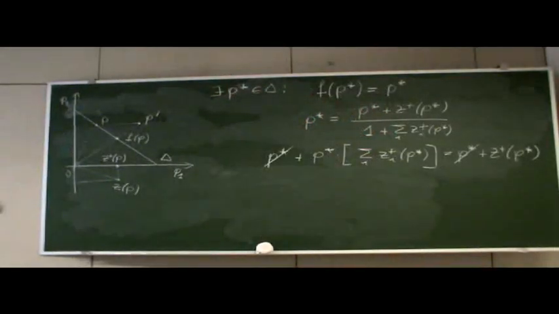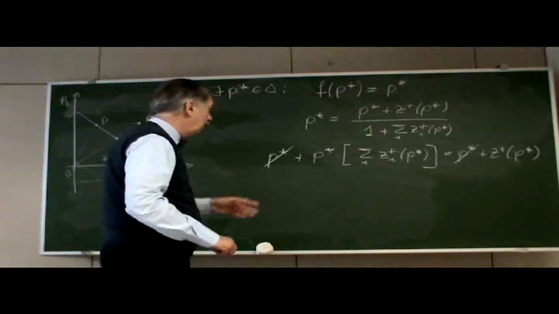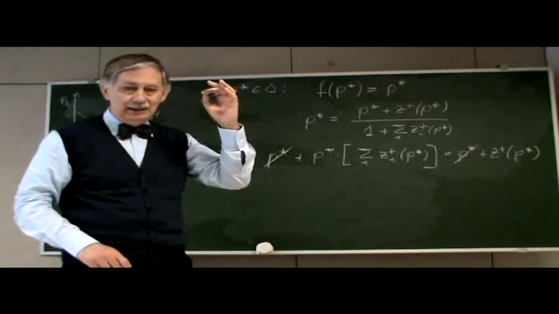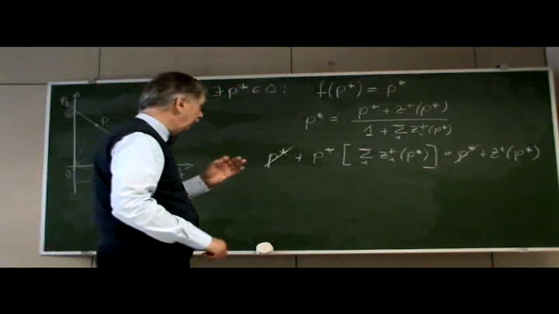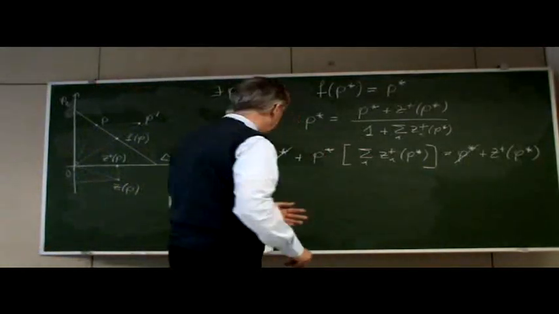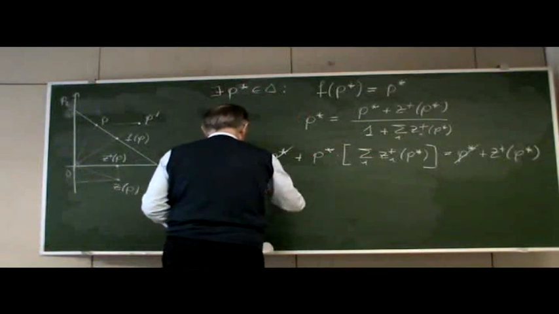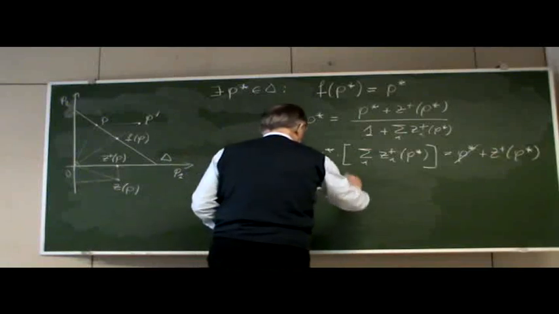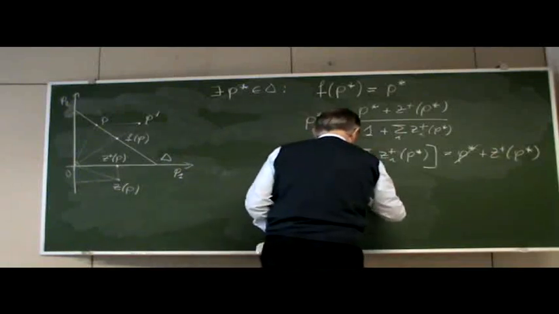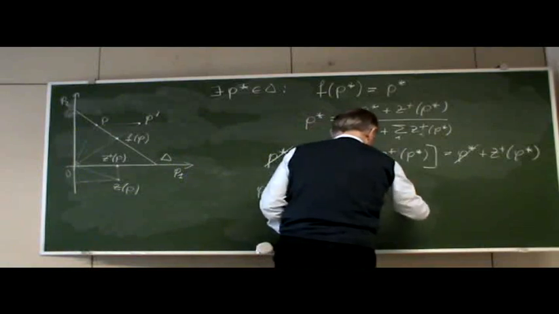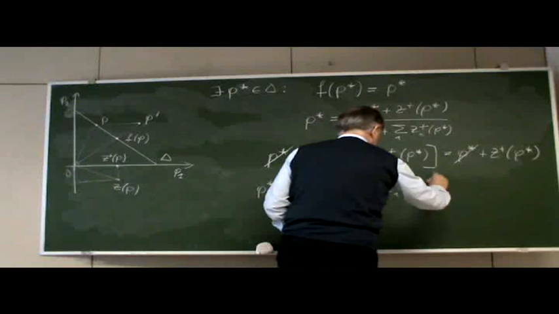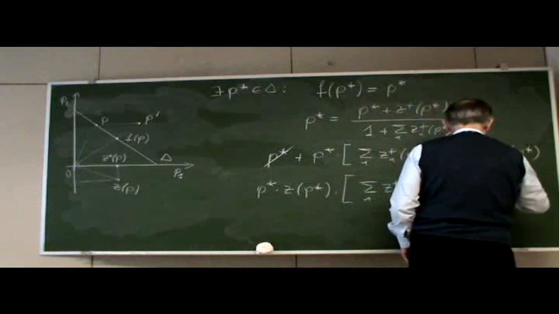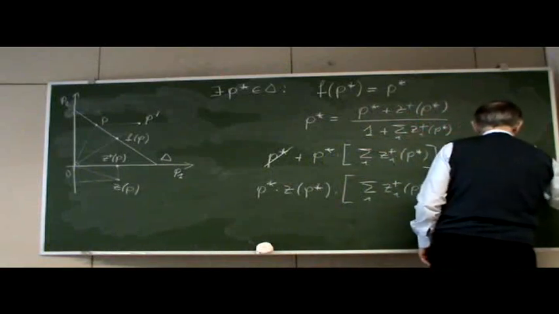Second step, multiply both sides of this equality by the original excess demand vector, not Z plus of P star, but Z of P star. You obtain P star times Z of P star times this sum, which is equal to Z plus of P star times Z of P star.